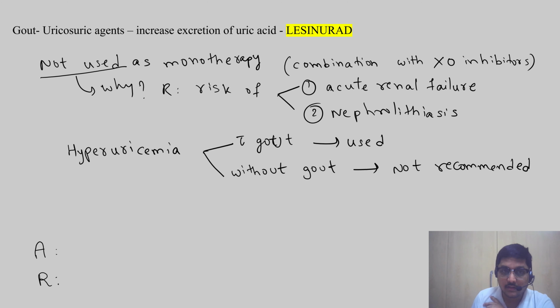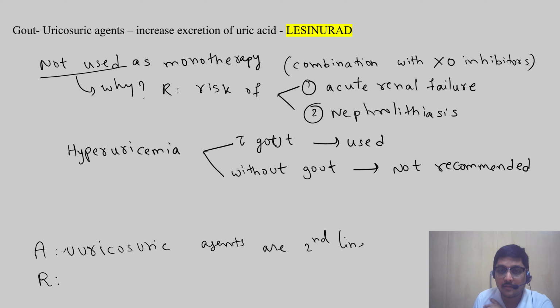Why? The assertion is these uricosuric agents are second line in uric acid lowering therapy, not first line, even though they are good as per our pathophysiology, right?